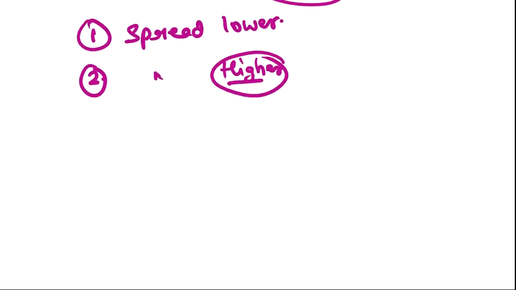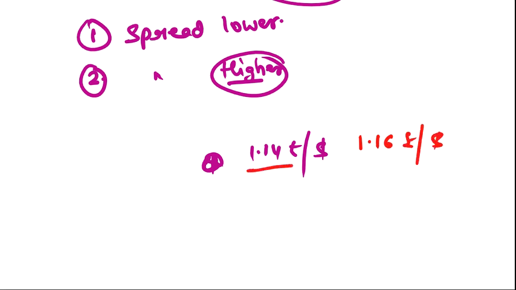A, who is the dealer, is getting trapped on one side. Say the rates are quoted like this, 1.14 pound per dollar, and someone came and bought the dollars at this point. Means what?